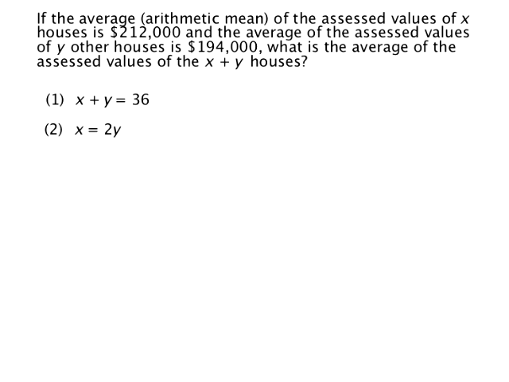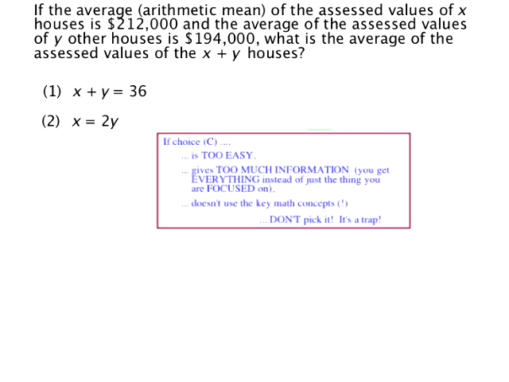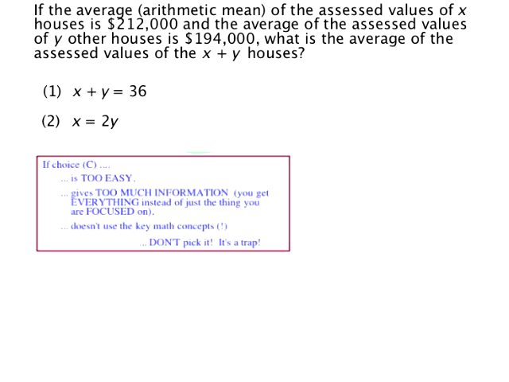So among other things, that will mean the answer is not C. Remember the qualities of a trap C answer, as we wrote on the other slides. Let's import that little graphic. Okay, there it is. Choice C is too easy, gives too much information, and doesn't use the key math concepts.